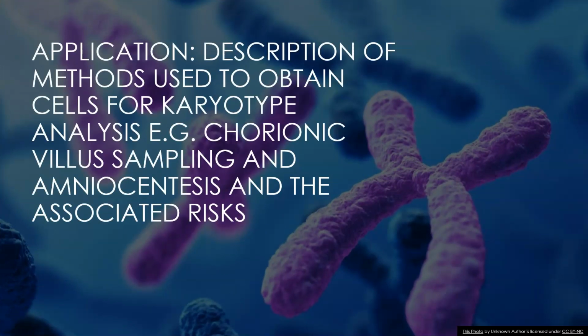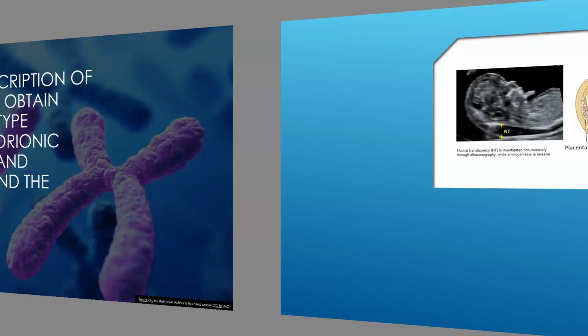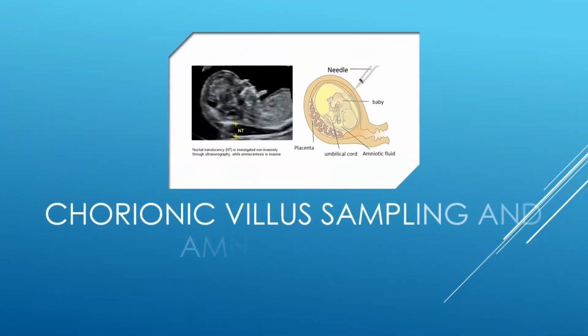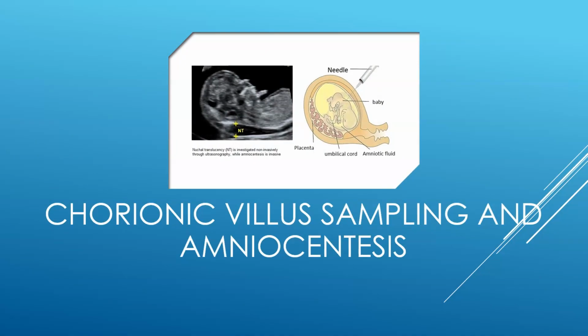Your next application: description of methods used to obtain cells for karyotype analysis, e.g. chorionic villus sampling and amniocentesis, and the associated risks. We'll look at this much further in class, but what we're looking at here is genetic testing of embryos. You can see in the picture that amniotic fluid, or chorionic villus tissue, which is taken from around the placenta, is removed and tested.